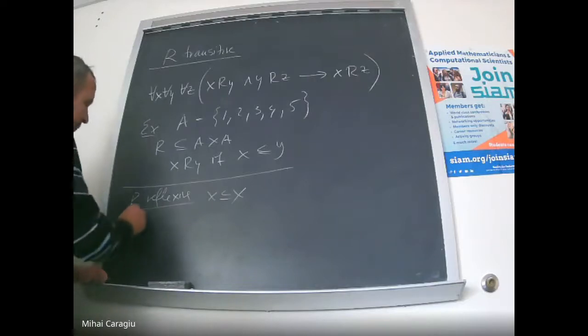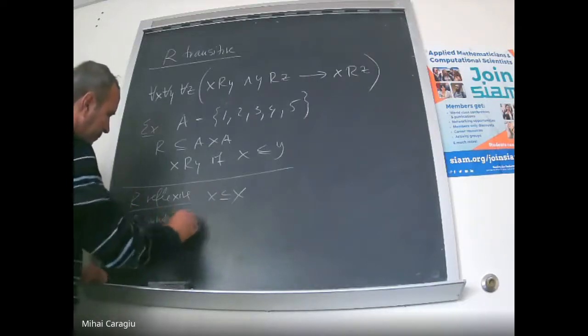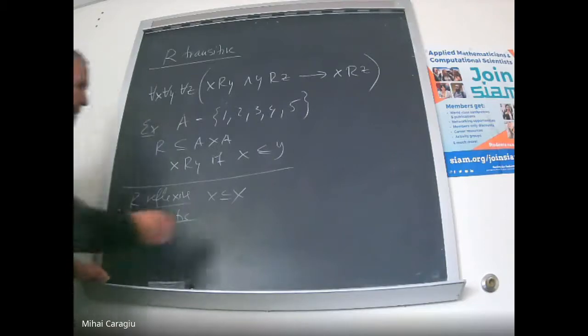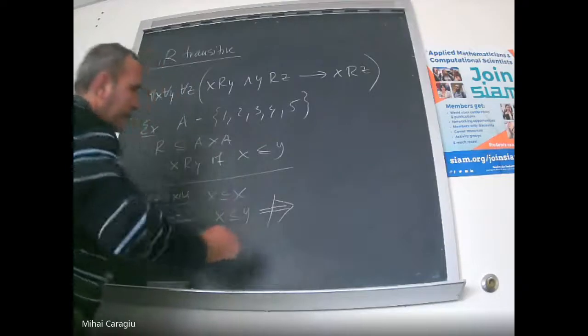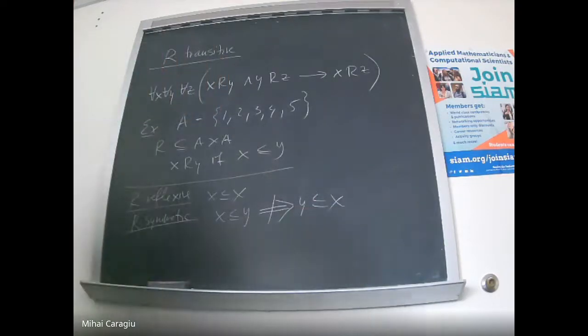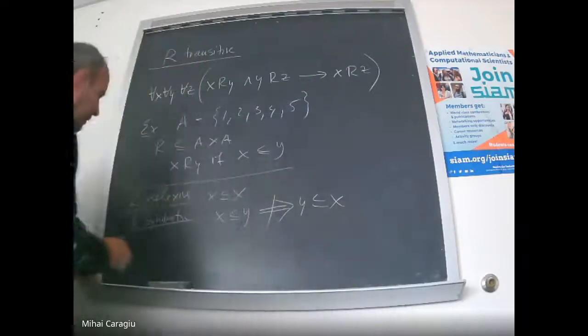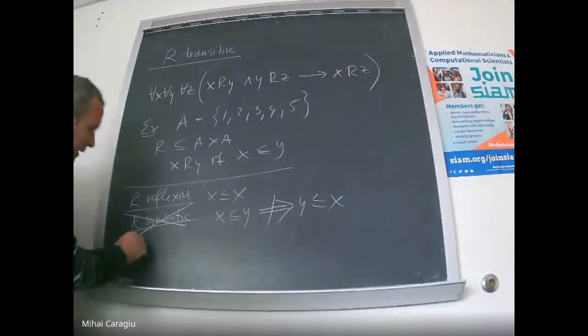Is it symmetric? If X is less than or equal to Y, this does not imply though that Y is less than or equal to X. So that's not true. So the relation is not symmetric. Let's check if R is antisymmetric.